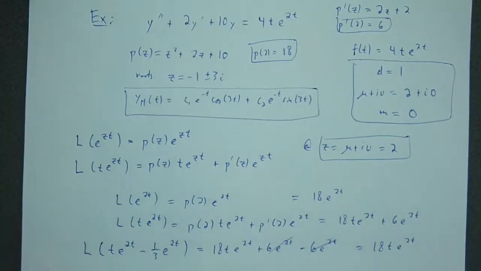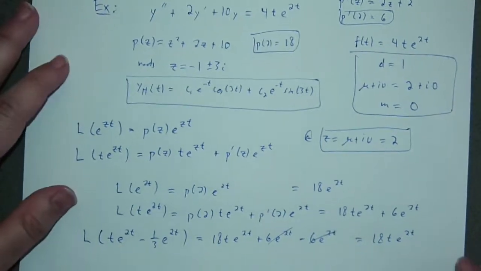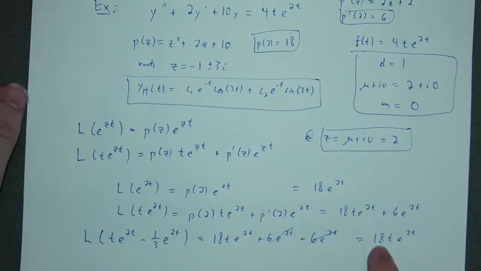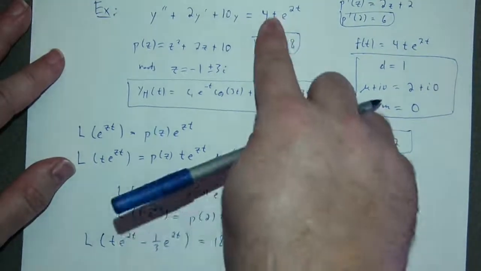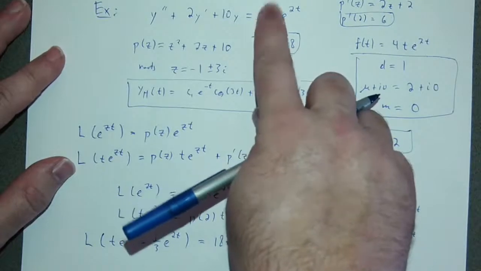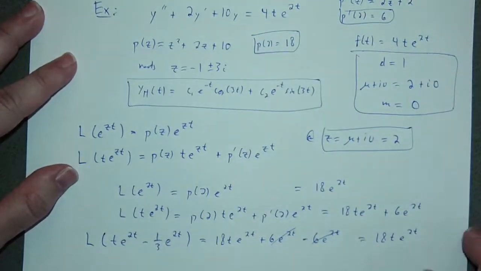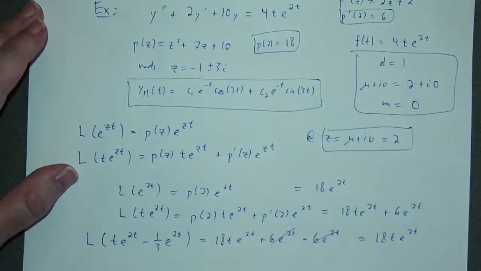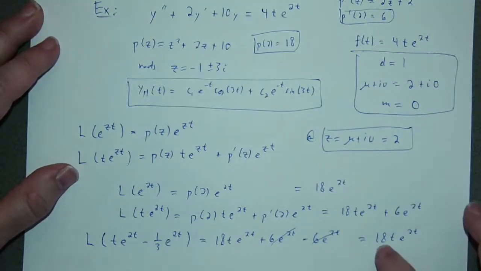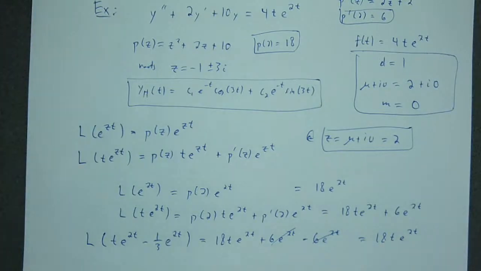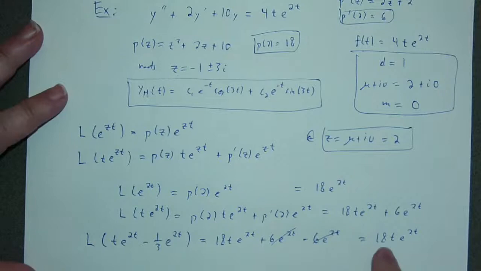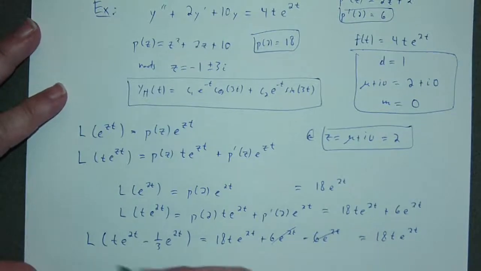Now, I'm not done yet, because actually I'm not satisfied here. I want this 18 to be a 4. That's what makes it equal to my original right-hand side. So if I want this 18 to be a 4, what do I have to do? I have to multiply by 2/9. So multiply both sides by 2/9 here.